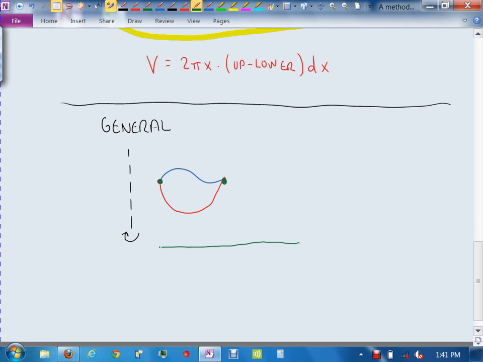Let's put my x-axis down here. What do my rectangles look like, vertical or horizontal for this? Vertical. Then if we wrap that around, the general formula will be integral from A to B of 2 pi x upper minus lower dx.